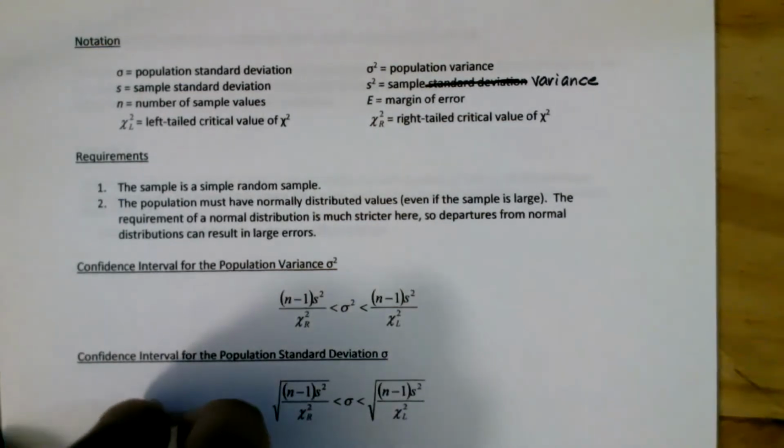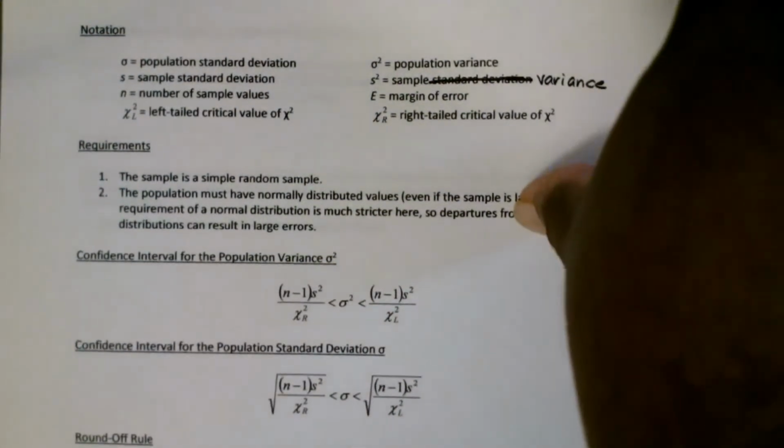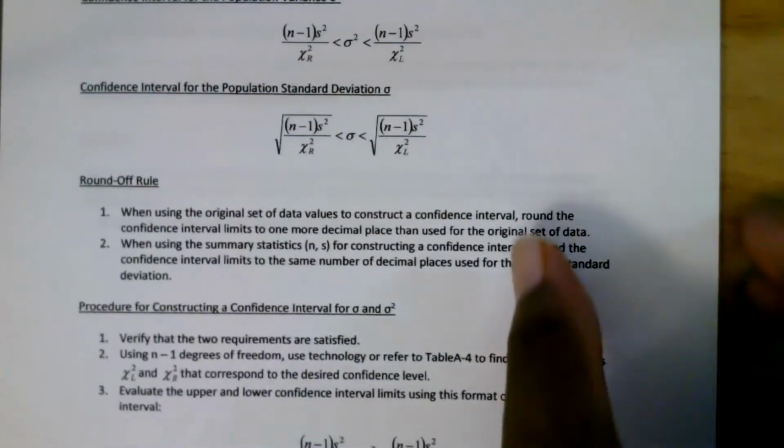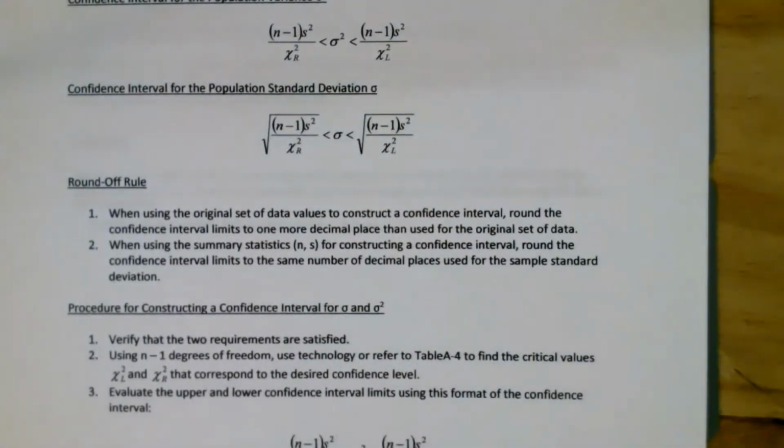Now for the round off rule. That's going to be this. If you were using the original data set, more than likely we won't in this video, but let's say you had an original data set. To do that, you have to round your confidence interval limits to one more decimal place than used for the original set of data.